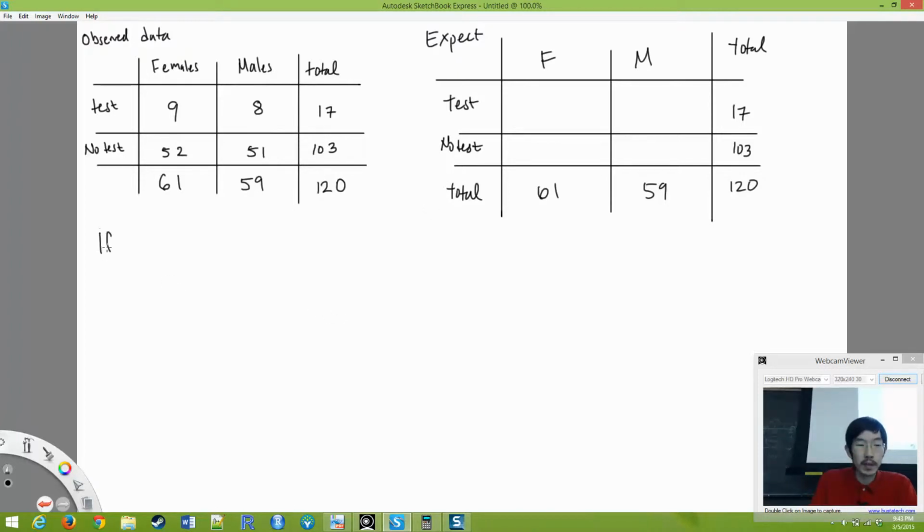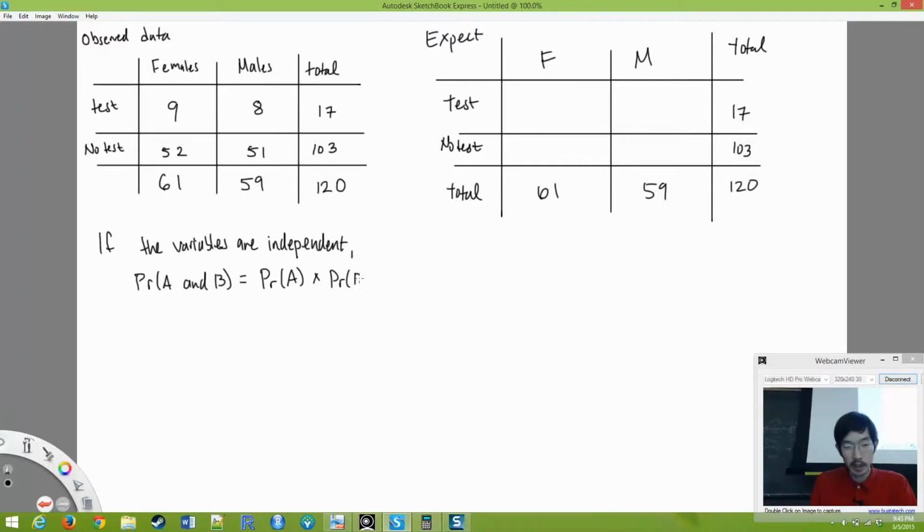So if the variables are independent, then another way we could state this is that the probability of A and B would equal the probability of A times the probability of B, right?